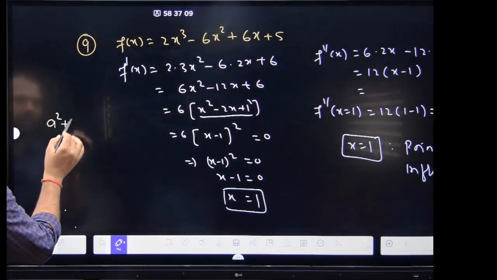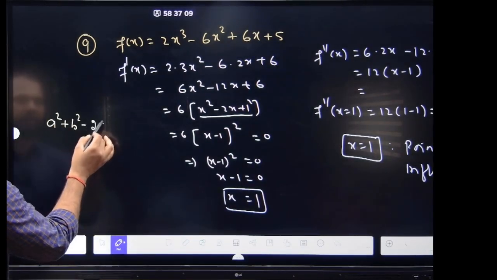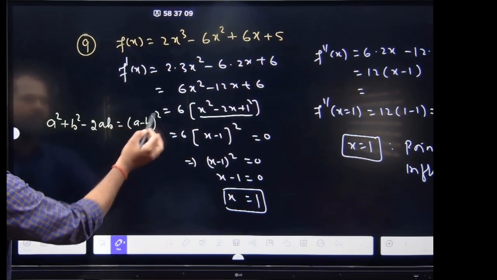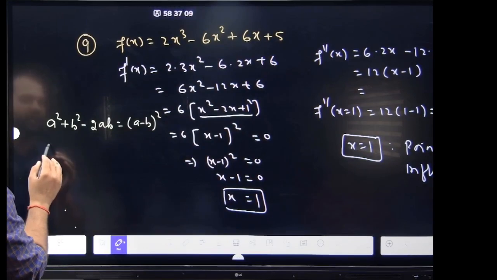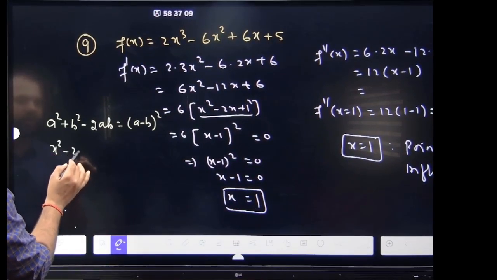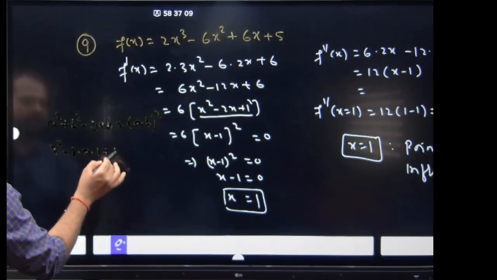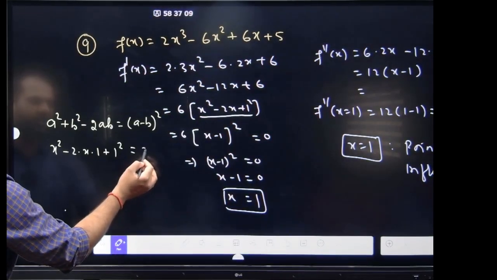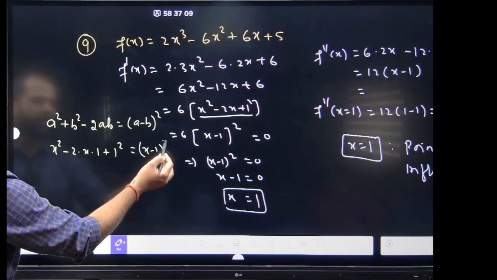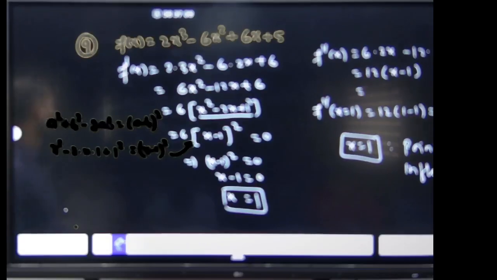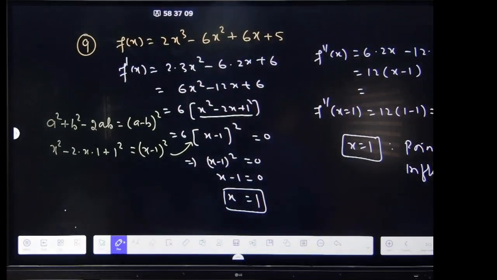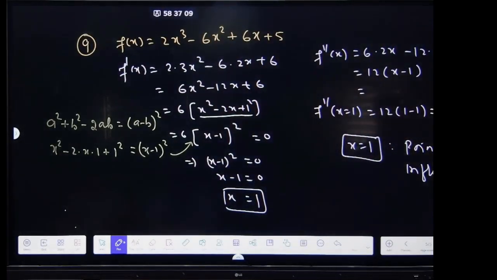A square plus b square minus 2ab is nothing but a minus b the whole square, right? It is that same thing, just see. X square minus 2 into x into 1 plus 1 square, exactly the same. So this is nothing but x minus 1 the whole square, so I am using this. Did you get the answer of the 9th one?